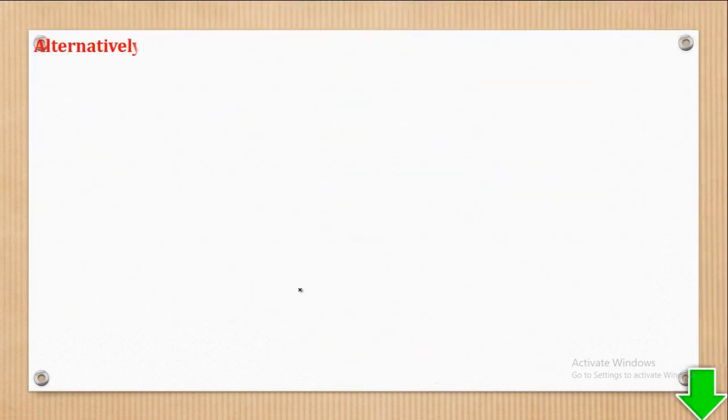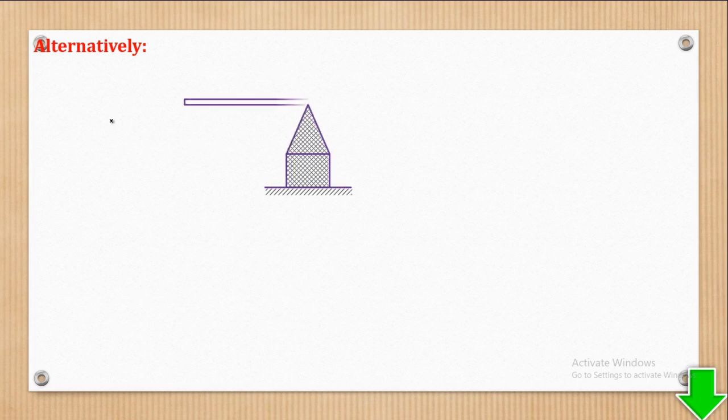Now alternatively, we can also use the knowledge of moments. So in that we need a diagram. This is also an alternative experiment for getting relative density of a liquid.